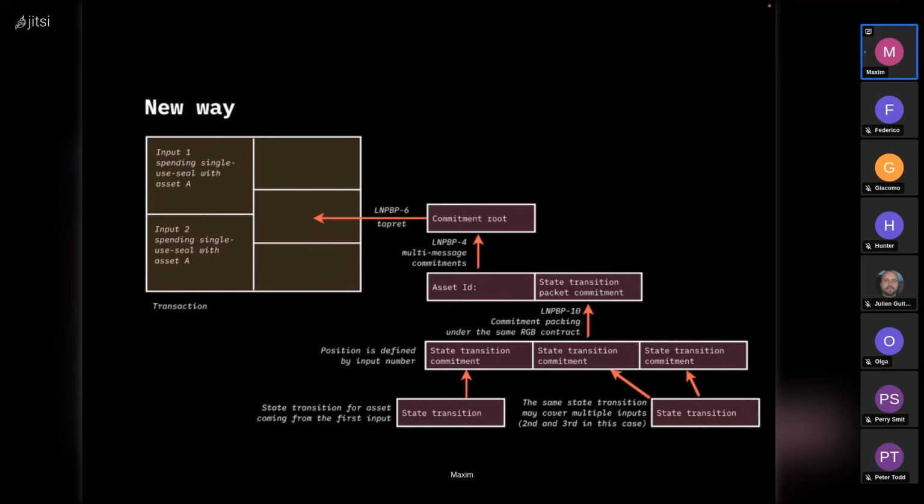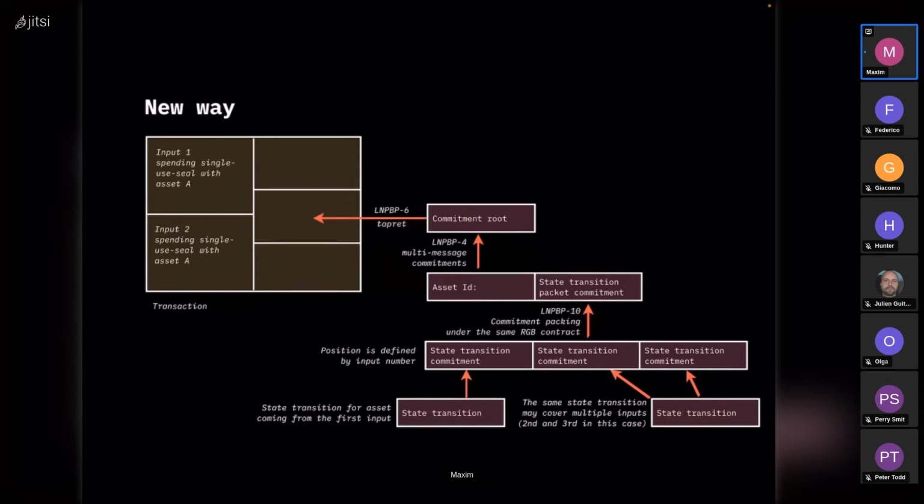I don't know, was I able to explain that idea? But basically it's the same idea that Peter was talking about before, from what I got. And this allows you to have multiple state transitions, independent from each other, under the same asset in the same transaction, without the risk of double spending, because each state transition has to commit into the leaf which corresponds to the specific input.